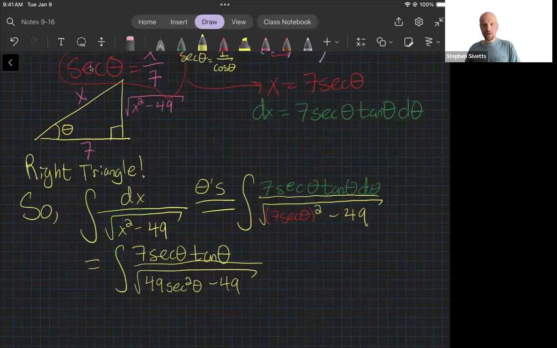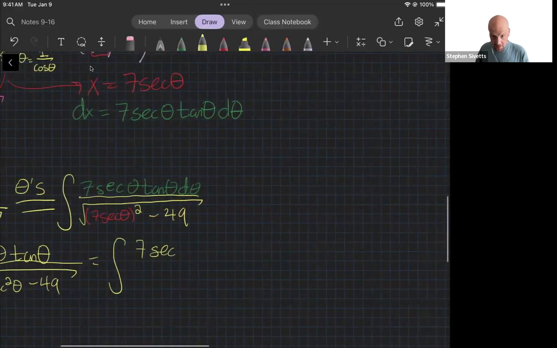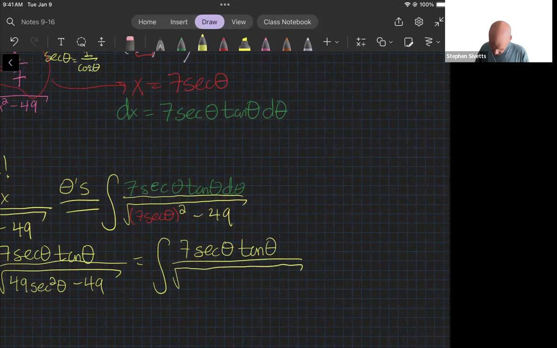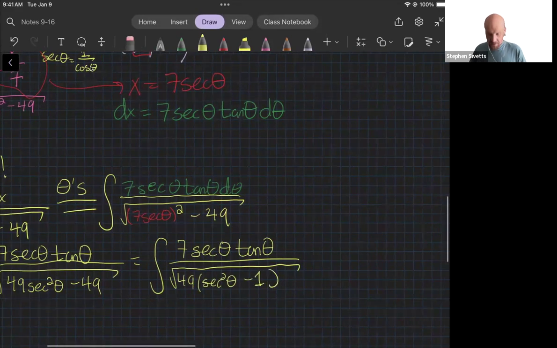Okay, so if I factor out a 49 from the terms in the denominator, this equals 7 times secant theta tangent theta divided by the square root of 49 times secant squared theta minus 1. Secant squared of theta minus 1 is tangent squared of theta.